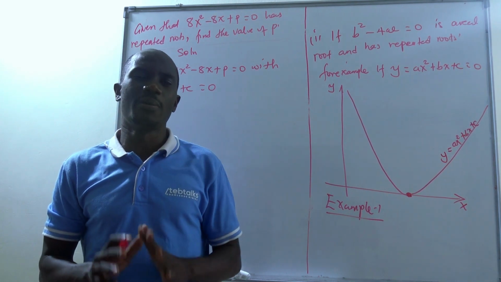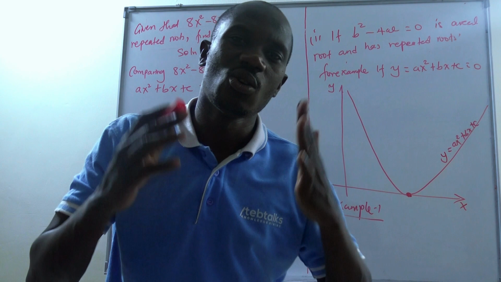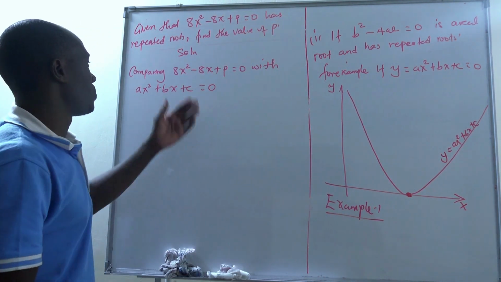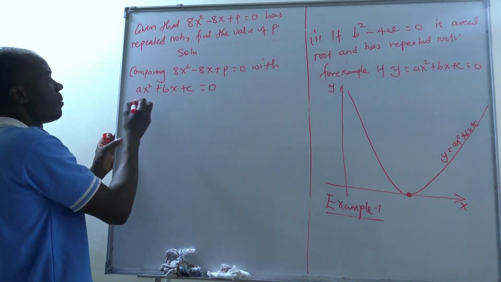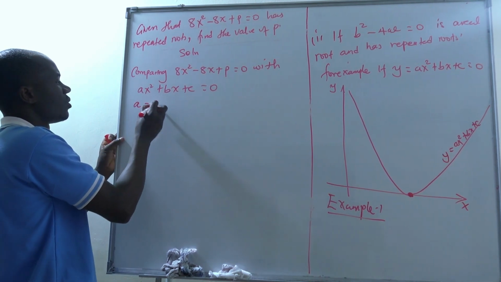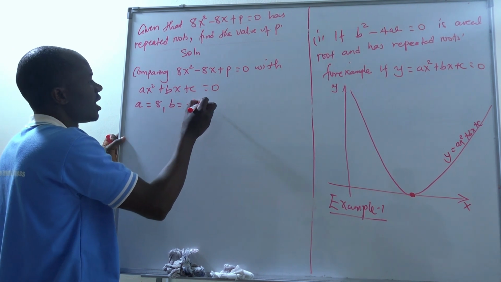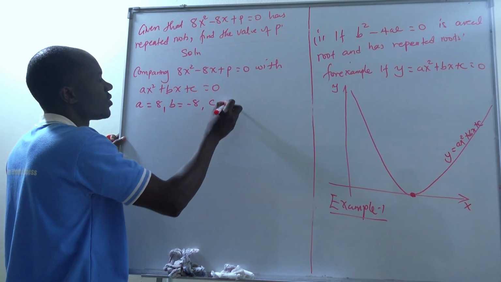When we try to compare, it implies that a equals 8, b equals negative 8, and c equals p.